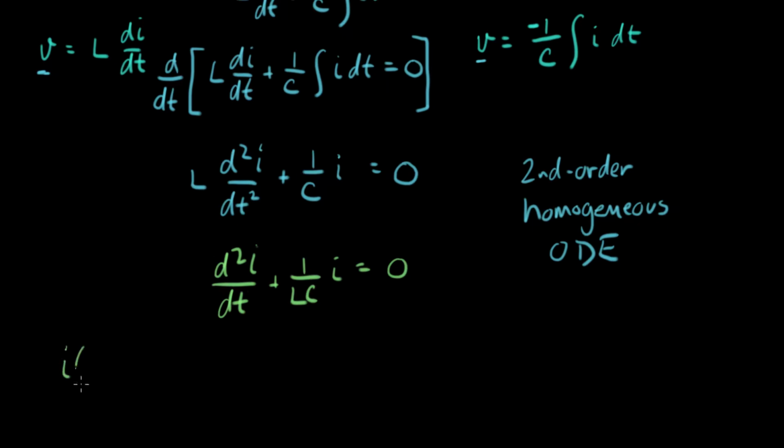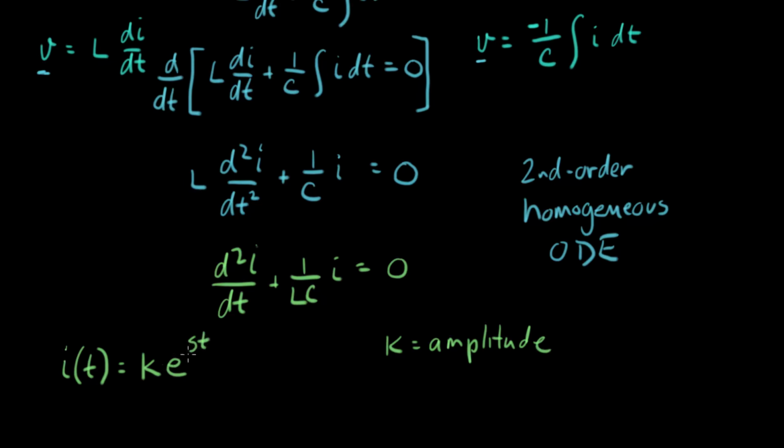I'm going to guess that I of t is something of the form some constant k times the exponential of time with some other scale factor, e to the st. Now, k is an adjustable parameter, and that's an amplitude. It tells us how big the signal is. And what's s? S is up in the exponent along with t, and whatever's up in an exponent has to have no units.